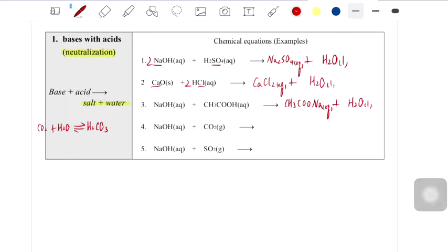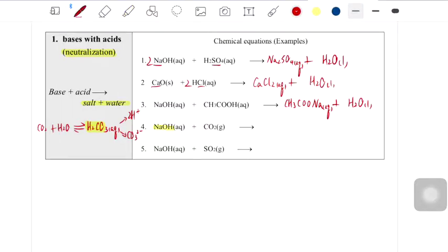This acid would be able to release two hydrogen ions and also one carbonate ion. So you can view it as a reaction between sodium hydroxide and this acid, and then try to write the equation.